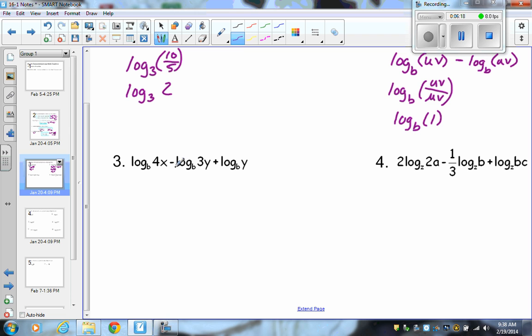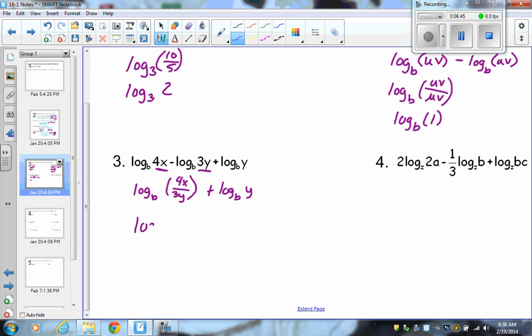Example 3, now we have subtraction first, so that means I'm going to take this 4x and the 3y, and I can rewrite it as a quotient. So that's going to be the log base b of 4x over 3y plus the log base b of y. Addition means to multiply, so I'm going to multiply this fraction times y.